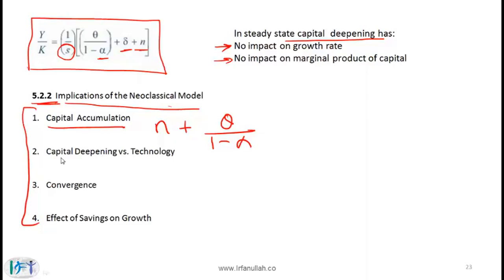Point C, more generally, increasing the supply of some inputs too rapidly relative to other inputs will lead to diminishing marginal returns and cannot be the basis for sustainable growth.